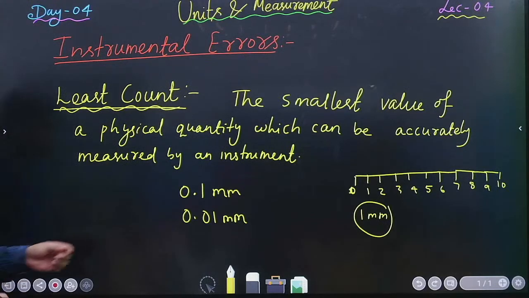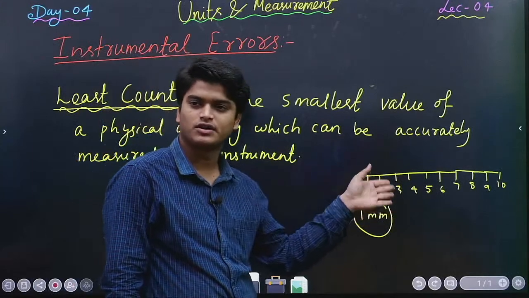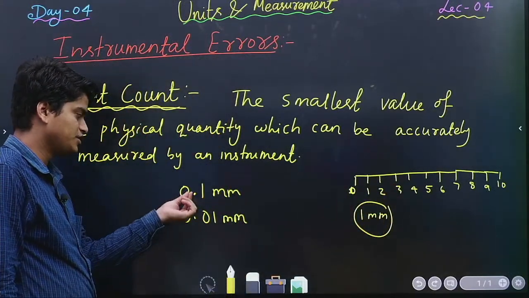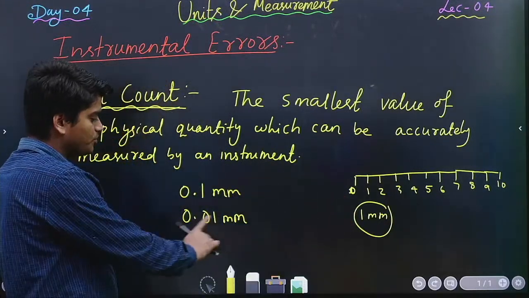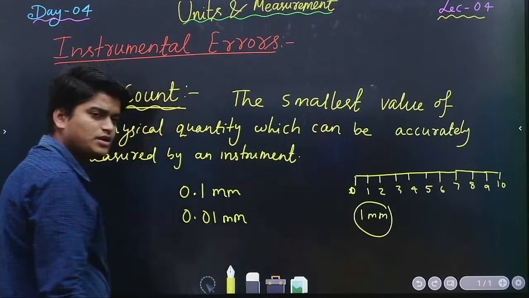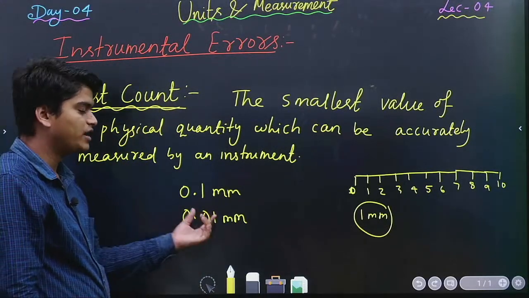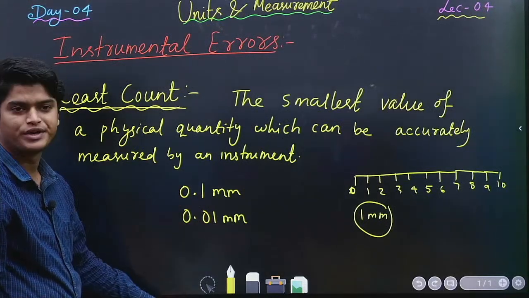To measure this type of least count, we need a different instrument. We cannot use our normal scale. 0.1 millimeter and 0.01 millimeter are less than 1 millimeter, so to measure these values we need a different instrument.